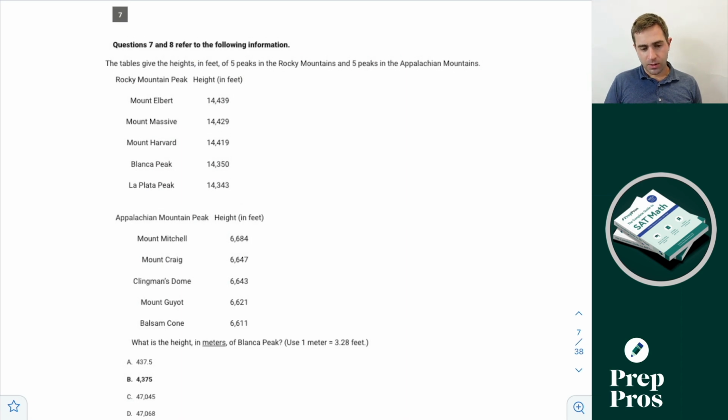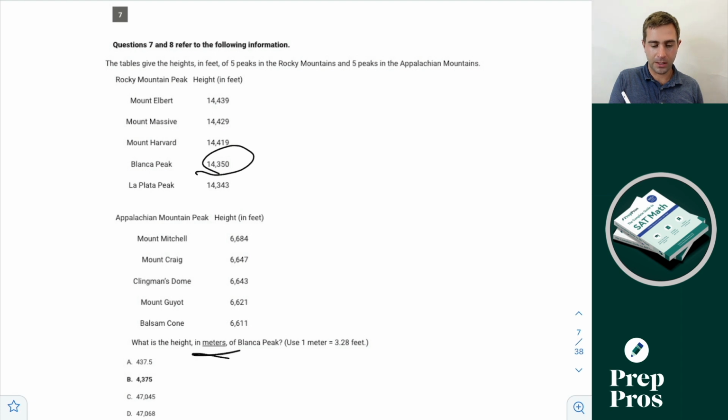All right, the table gives the heights in feet of 5 peaks in the Rocky Mountains and 5 peaks in the Appalachian Mountains. What is the height in meters? So more unit conversion here of Blanca Peak. So this is in feet.